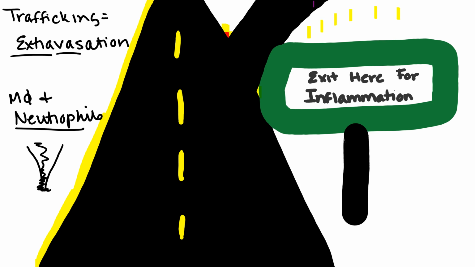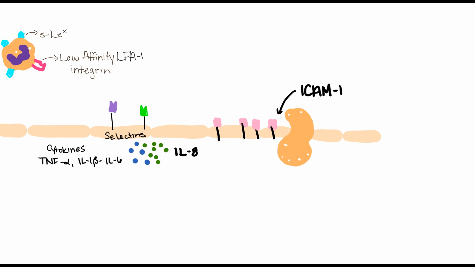So this process of extravasation is actually handled by a coordinated set of interactions, almost like a dance. So the first thing is, since the flow of blood is going very quickly, let's say it's going in this direction, blood cells move exceedingly fast through the bloodstream. We can't just stop them right away. If we do that, that could be damaging to the cell.